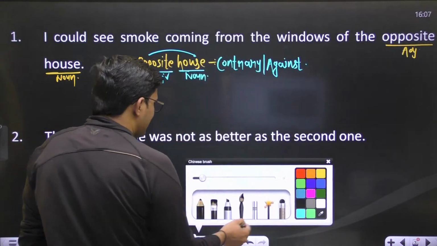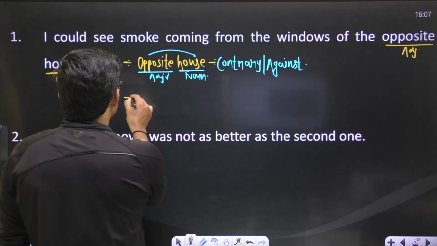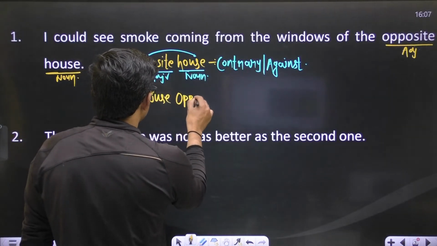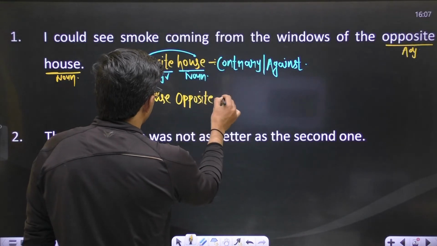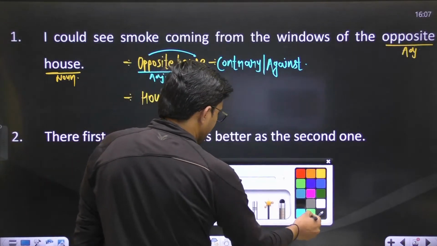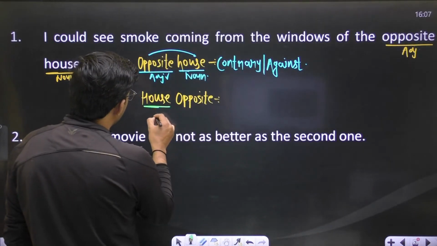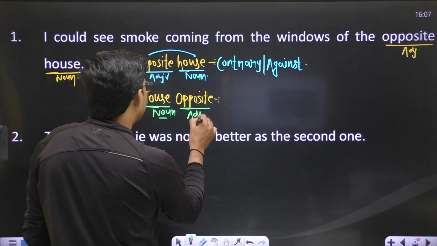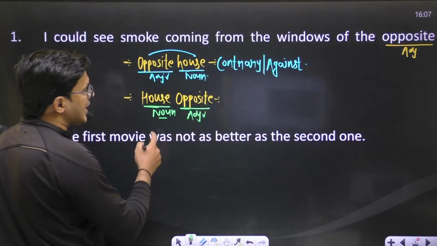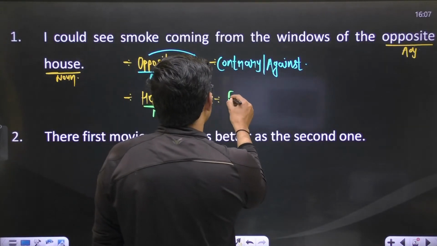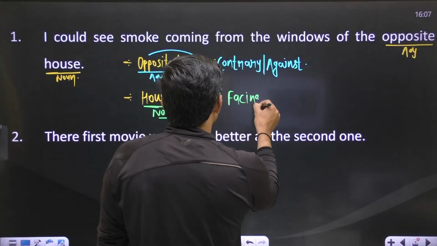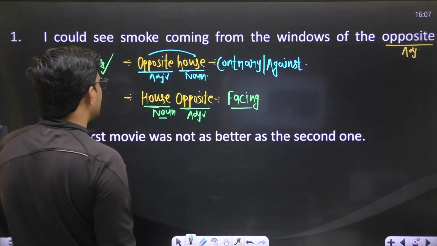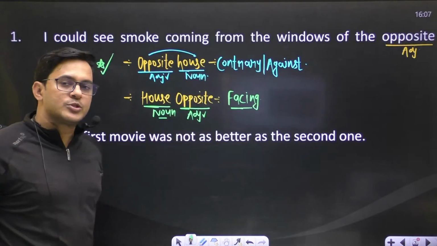And we have another phrase, house opposite. In this phrase you have a noun, house, and now you are getting an adjective after the noun. If this adjective opposite is used after the noun, it shows the sense of facing. So we have two different phrases, opposite house and house opposite.